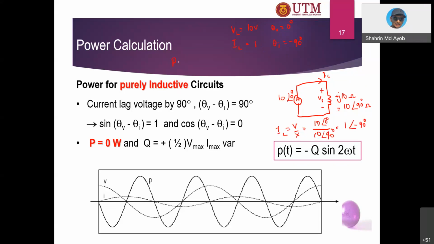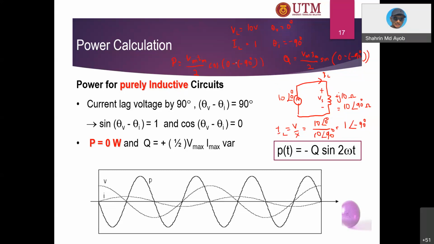So what is the power? P is (Vm Im / 2) cos(θV − θI), so 0 minus 90 degrees. While Q is (Vm Im / 2) sin(0 degrees minus 90 degrees), right?